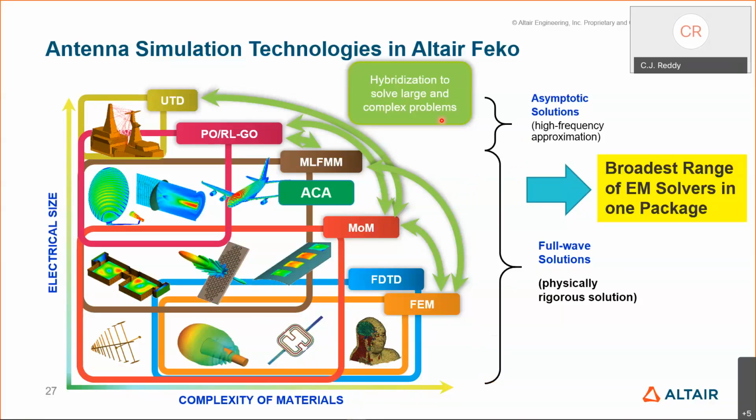And then asymptotic solutions like physical optics, ray launching geometrical optics, also referred to as shooting and bouncing ray, and the uniform theory of diffraction. They also solve Maxwell's equations, but approximately, with some assumptions. So when those assumptions are met, you can solve your problems efficiently with these methods as well.